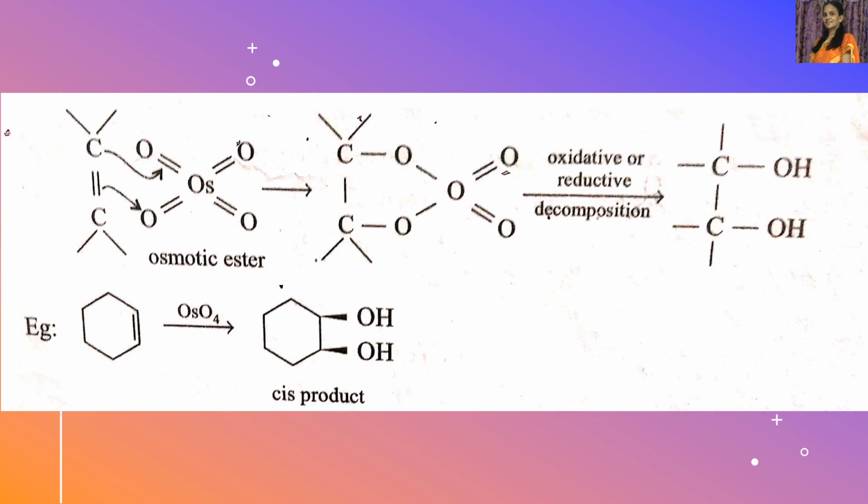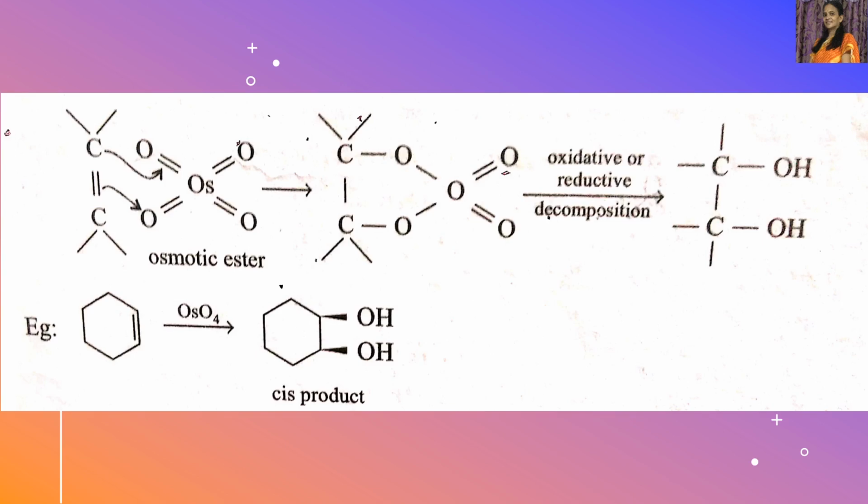See, a new sigma bond is formed between the carbon of alkene and oxygen of osmium tetroxide. And here also a new sigma bond is formed between oxygen of osmium tetroxide and this carbon. See, two new sigma bonds are formed and this pi bond is broken. Now we get this molecule. This is the osmate ester. Cyclic osmate ester is produced.